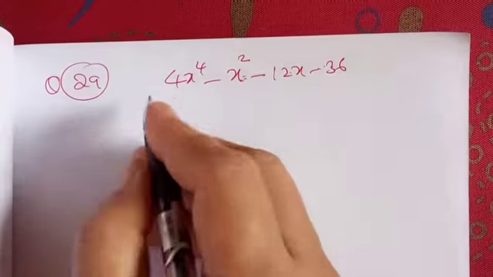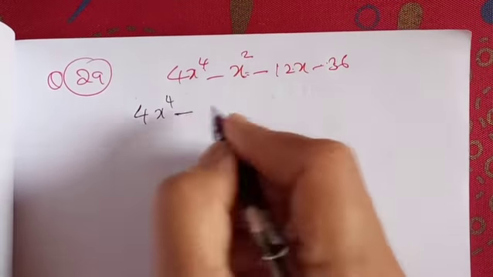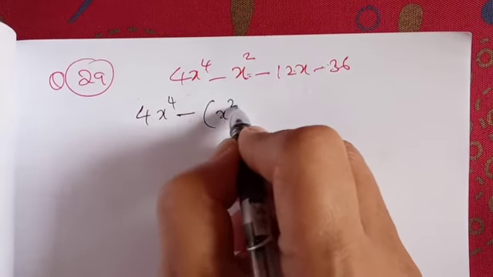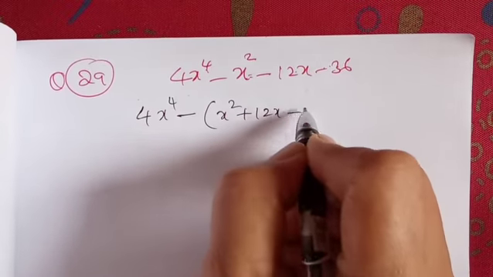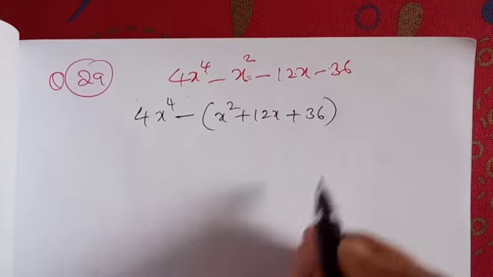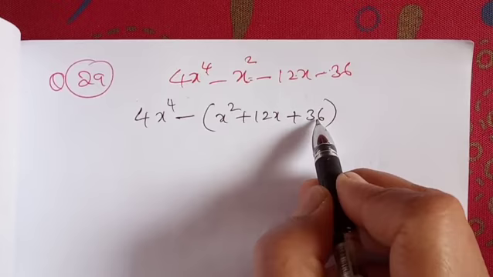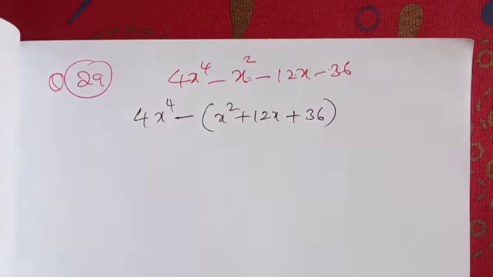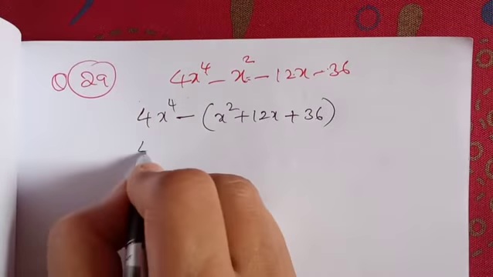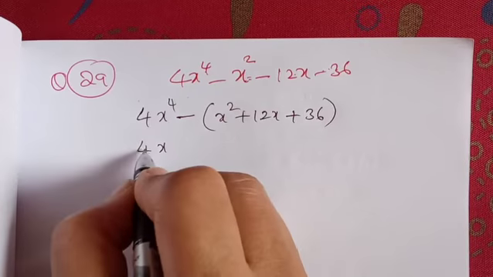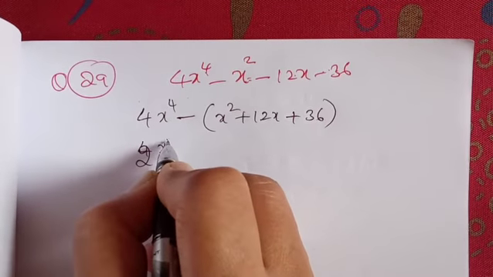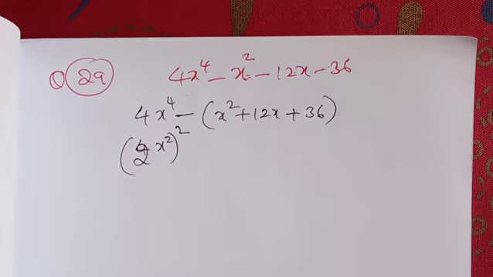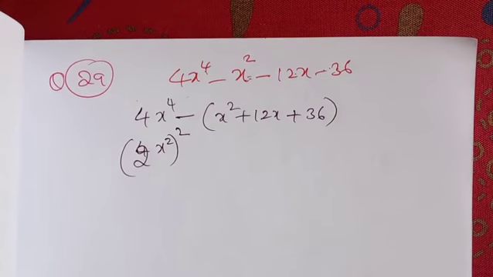So 4x to the power 4 minus, common, x square plus 12x plus 36. 6 6s are 36, 6 2s are 12, that means the middle term is 12, correct. So 4x to the power 4 can be written as 2x square whole square. Can I write like that? Because we need a square of difference, no?